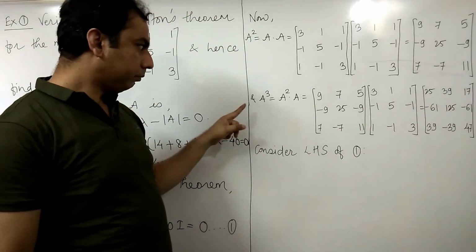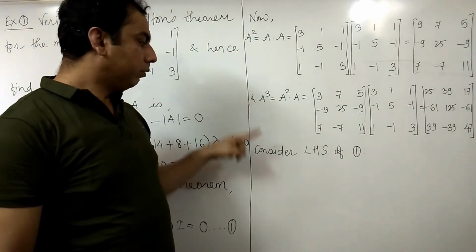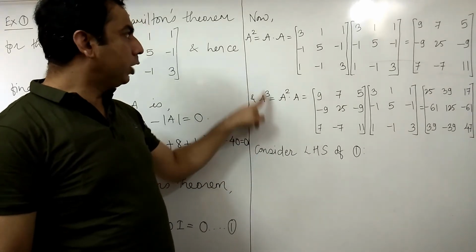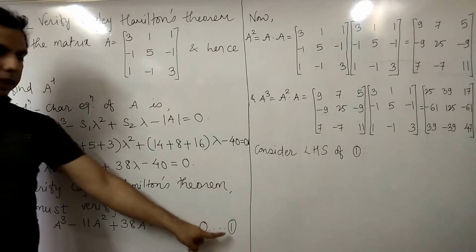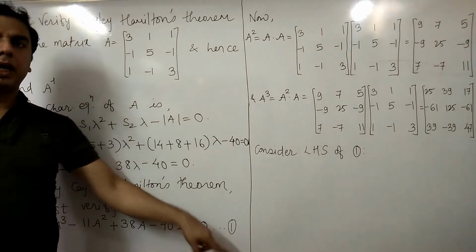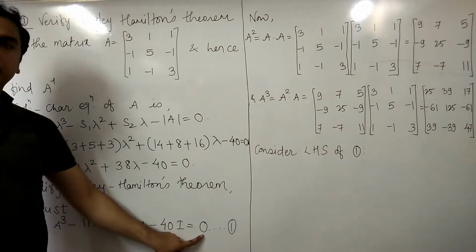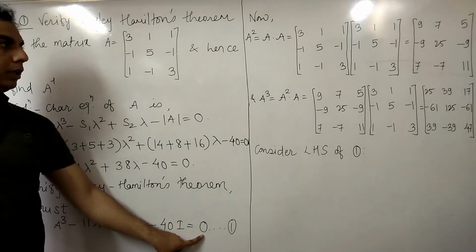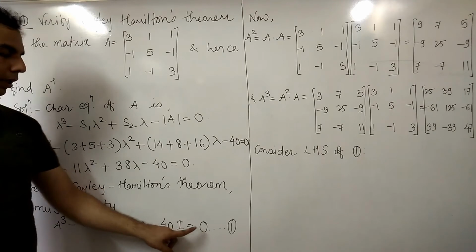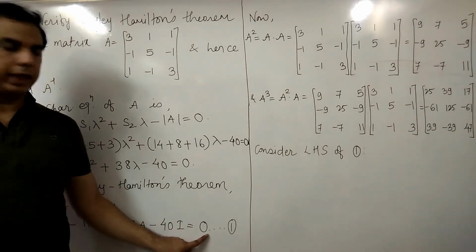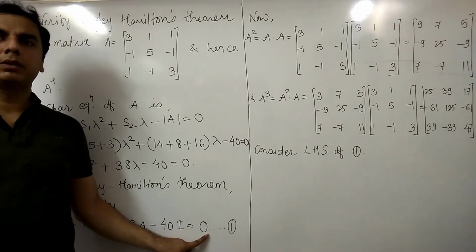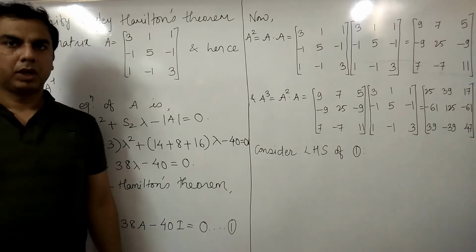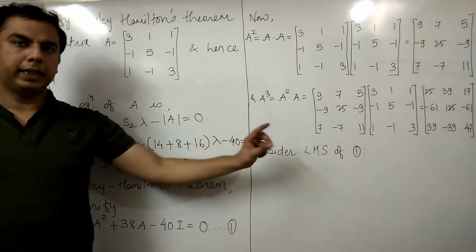Now we can put the values of A cube, A square, A and I in the left hand side of equation 1, and then check whether we get a null matrix of order 3 by 3 on the right hand side. If we get a null matrix, then we say that the Cayley-Hamilton theorem is verified. So what is the LHS of 1?